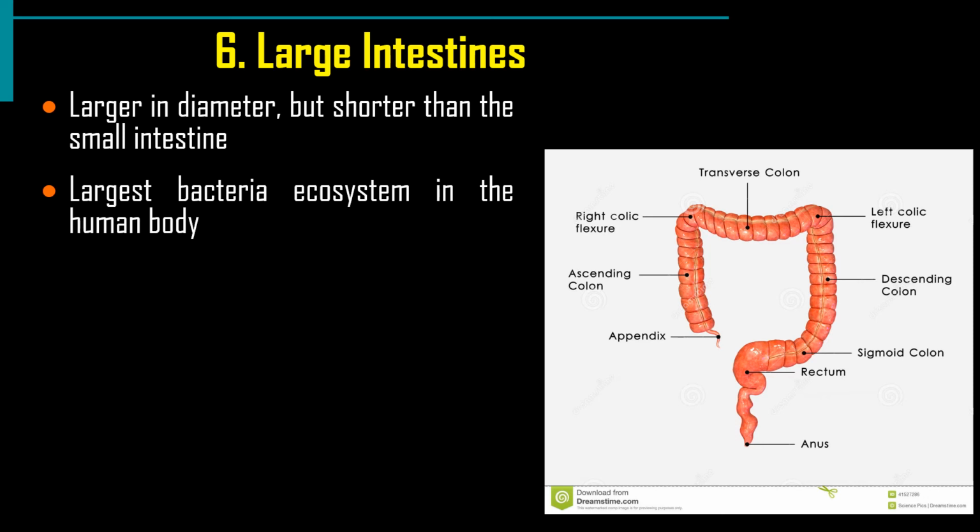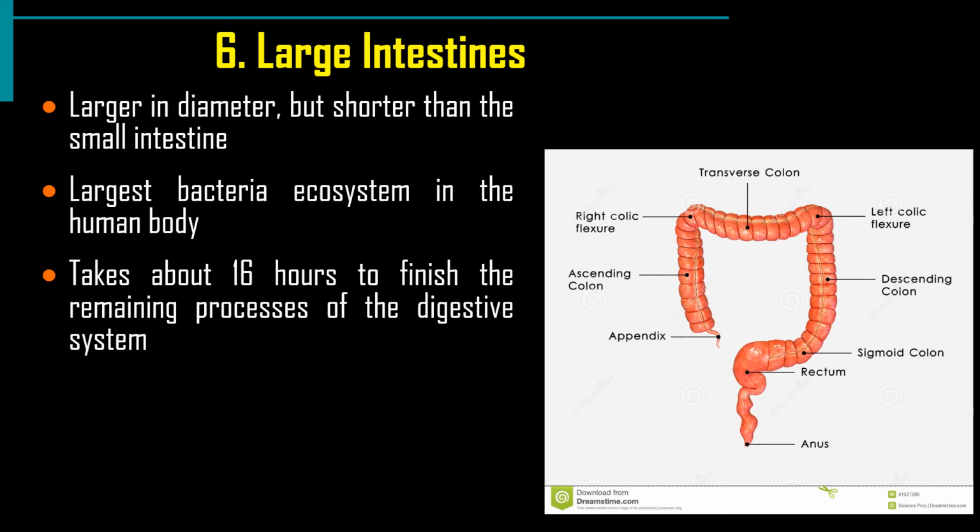Other bacteria that inhabit the large intestine can further digest some material, creating gas. The large intestine takes about 16 hours to finish the remaining processes of the digestive system.